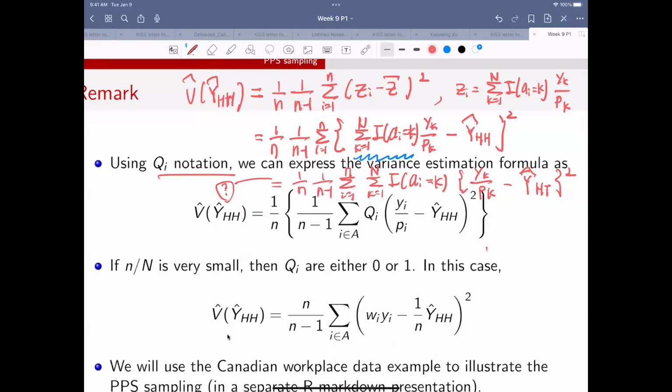Once you do that, you can exchange the order of summation, right? Over i and k, and then if you take the summation over i equal to 1 to n, that is basically how many times unit k is selected in the sample, which is qk.